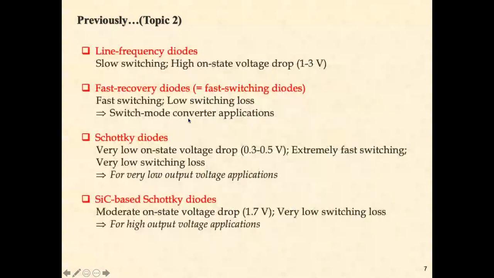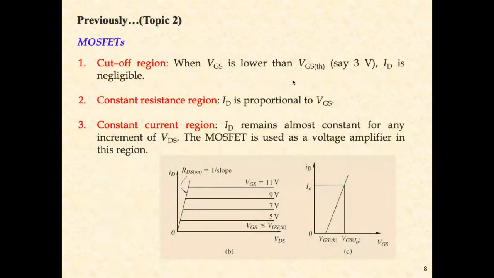And then for the diode, it can also be classified into many types in terms of switching frequency and voltage drop. So you can select the diode mainly from those two factors. And then MOSFET is very useful in the applications.